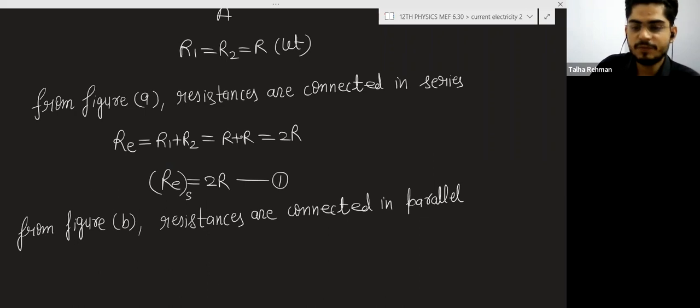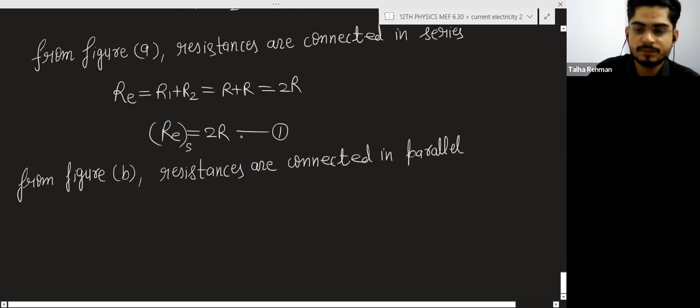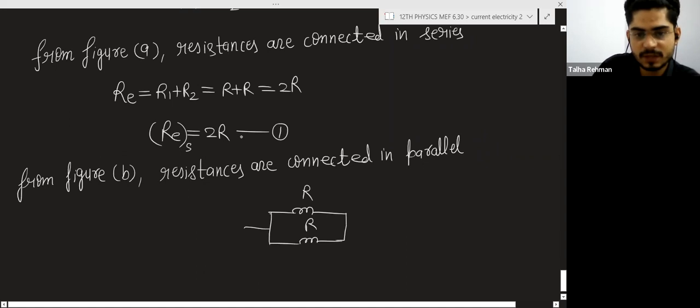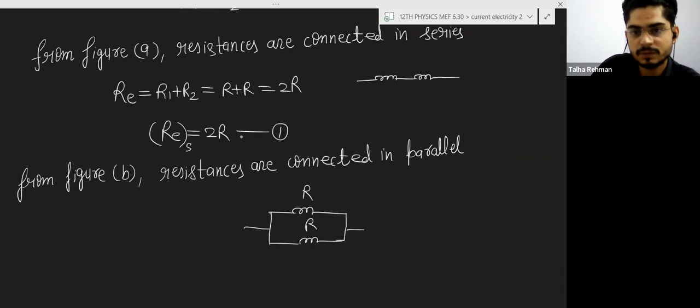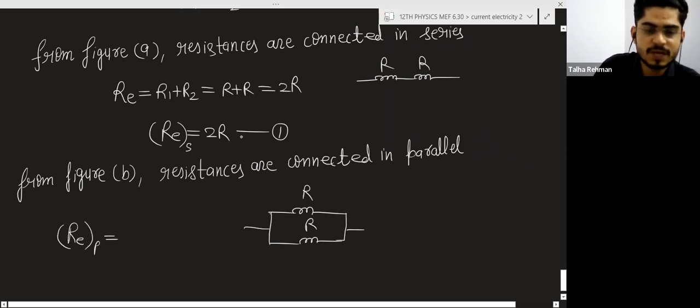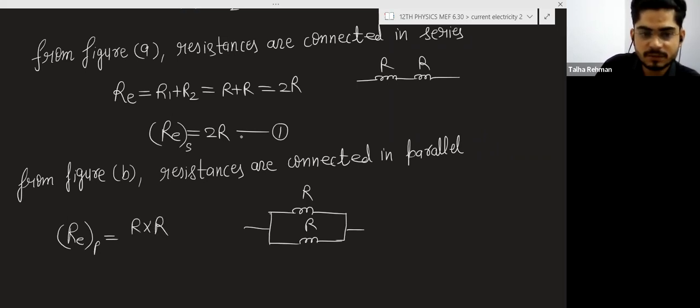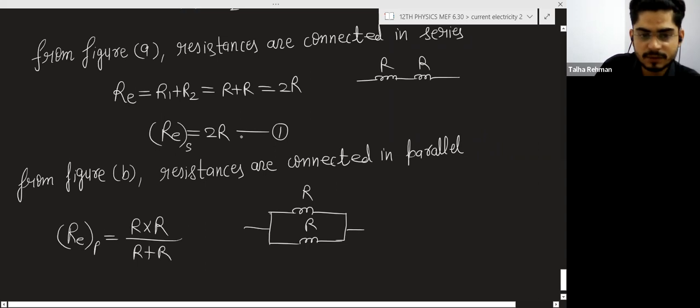And if two resistances are connected in parallel, like this, one resistance is R and the other resistance is R, connected like this. So equivalent resistance in parallel: I have told you first multiply both the resistances and divide by the sum.